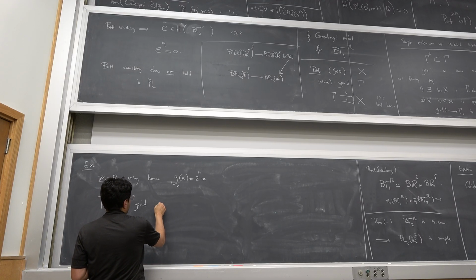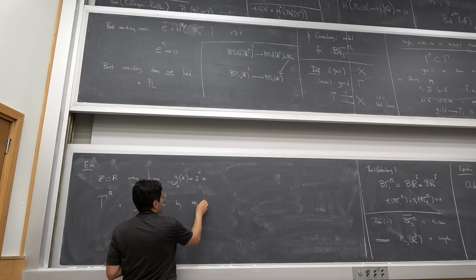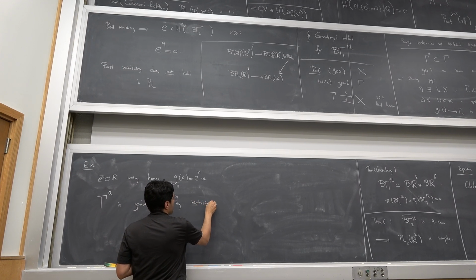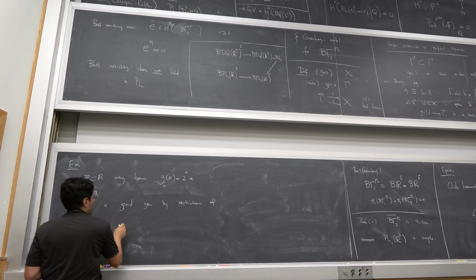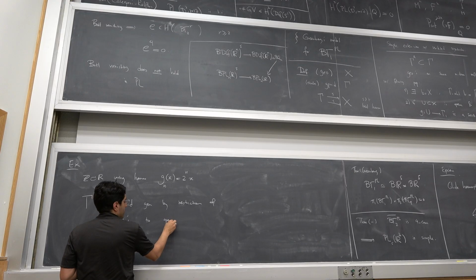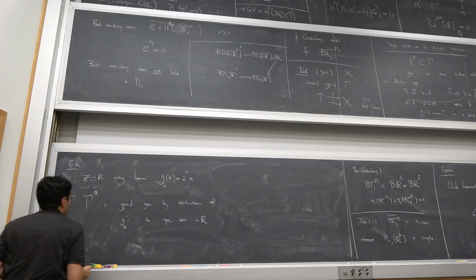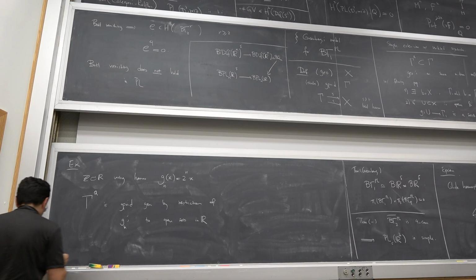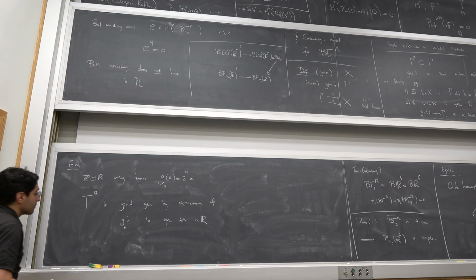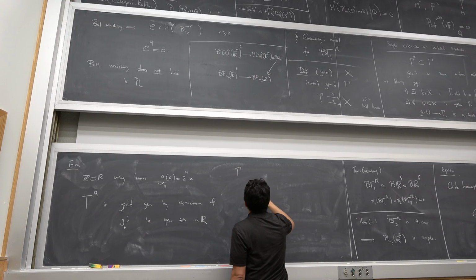generated by restrictions of G_n's to open sets. And for the non-regular groupoid, the only difference is as follows.